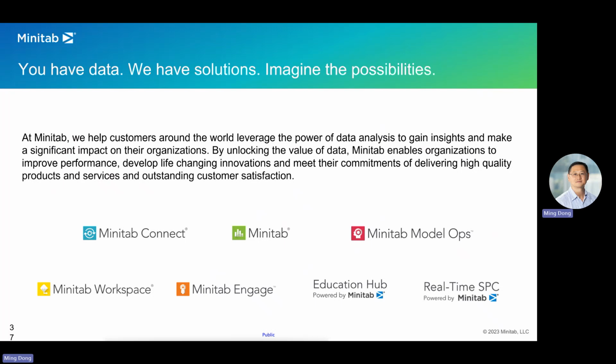So this is Minitab Connect. It also displays results live in a dashboard. Model Ops is for model deployment. A classification tree, for instance, is a model, but if I want to put it into production, we might need Model Ops.